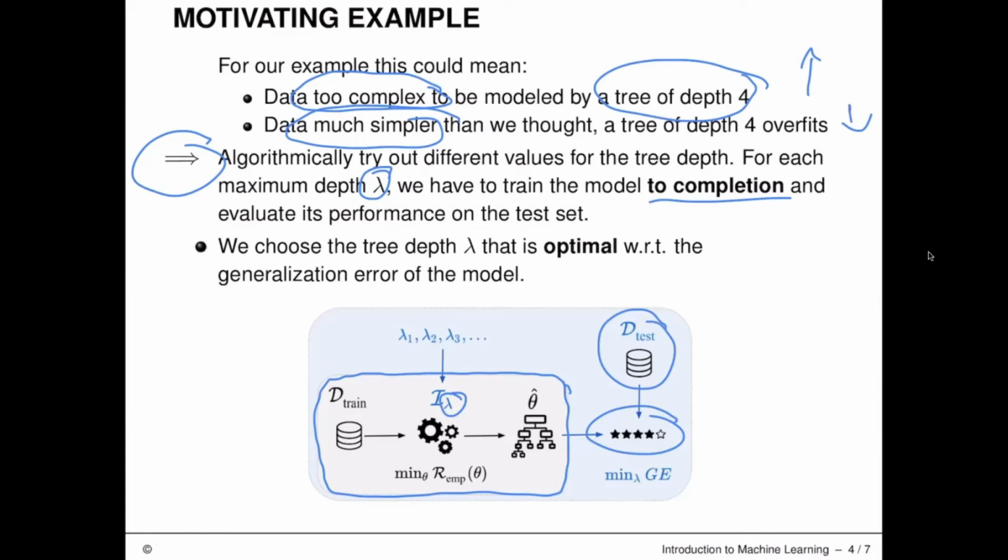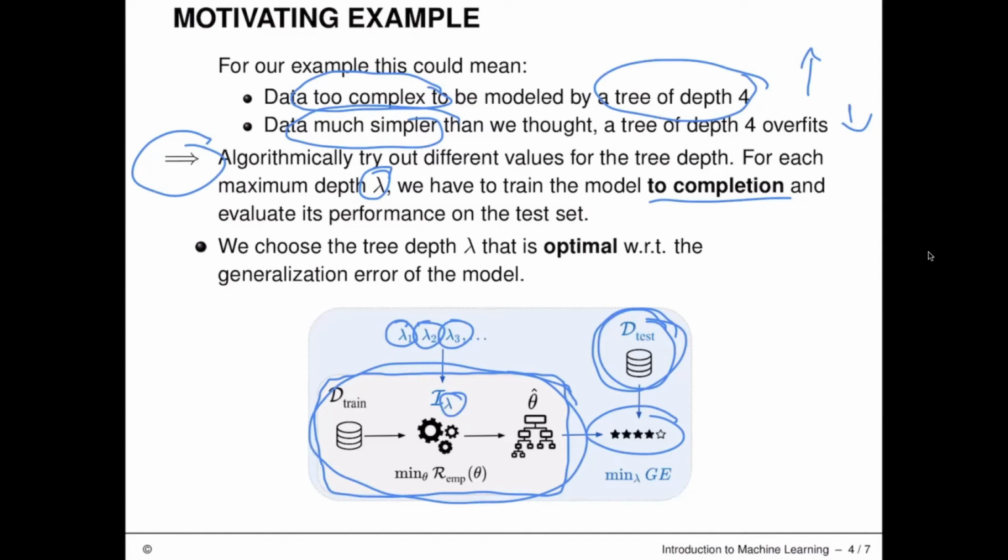And what we do now is that we try out different values of this hyperparameter. So lambda 1, lambda 2, lambda 3, let's say a tree of depth 4, 5, and 6. And for each hyperparameter configuration, we go through the entire training process and through the entire evaluation process, which means that we have several estimated generalization errors.